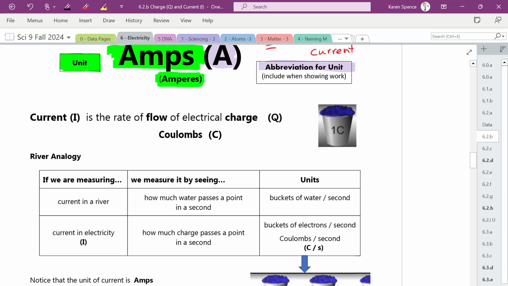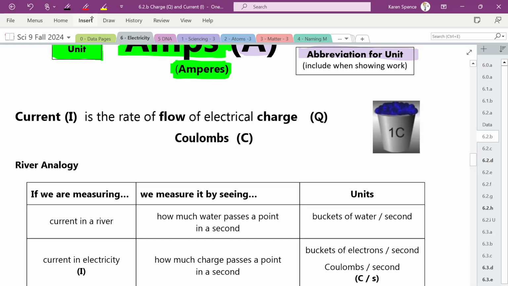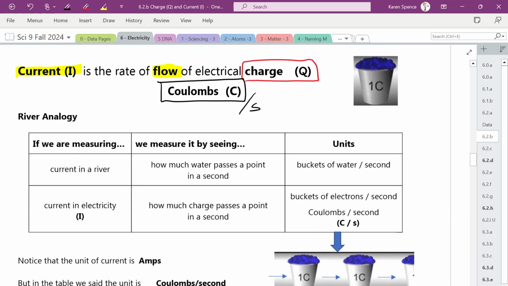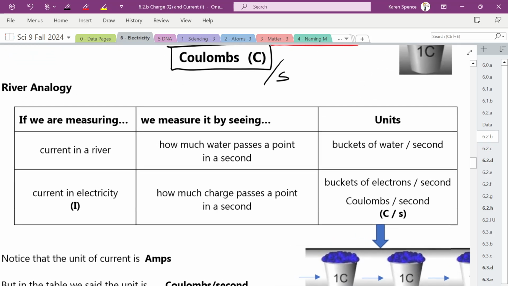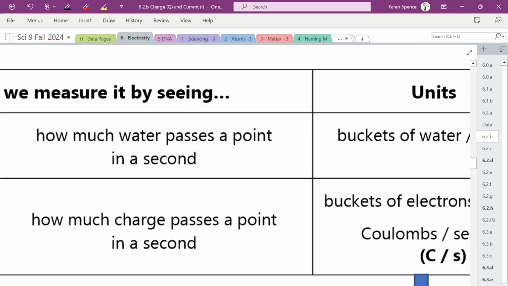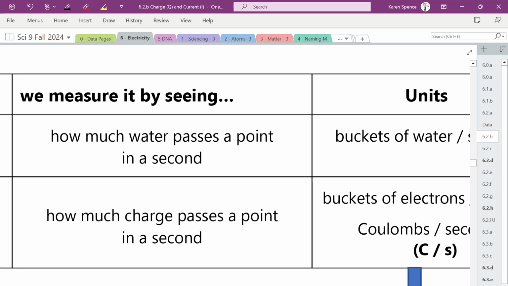So here is our current I. That is the rate of flow of the electrons, electrical charge, Q, and it's measured in coulombs per second. So in a river, if we are measuring the current in a river, we say, how much water passes a point in a second?